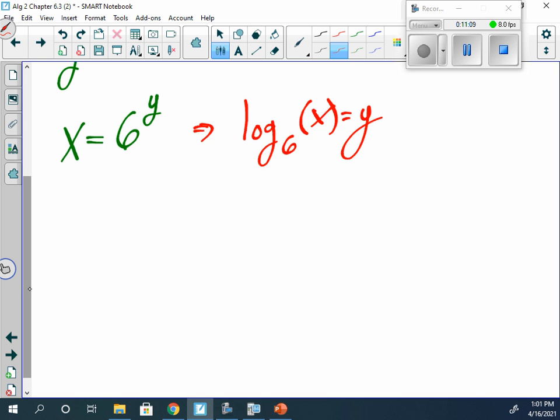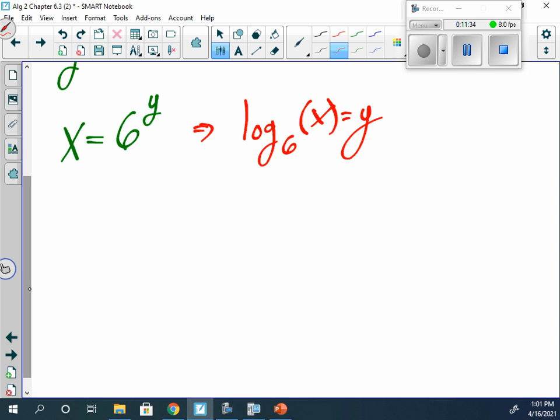Log base 6 of x is equal to y. Because yesterday we said log base b of x is equal to y is the same as b to the y is equal to x. And this here would be our inverse function.